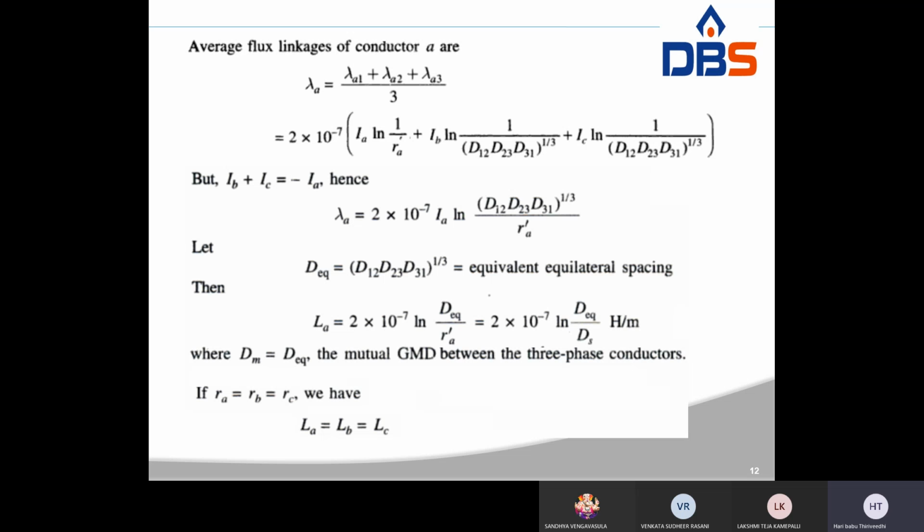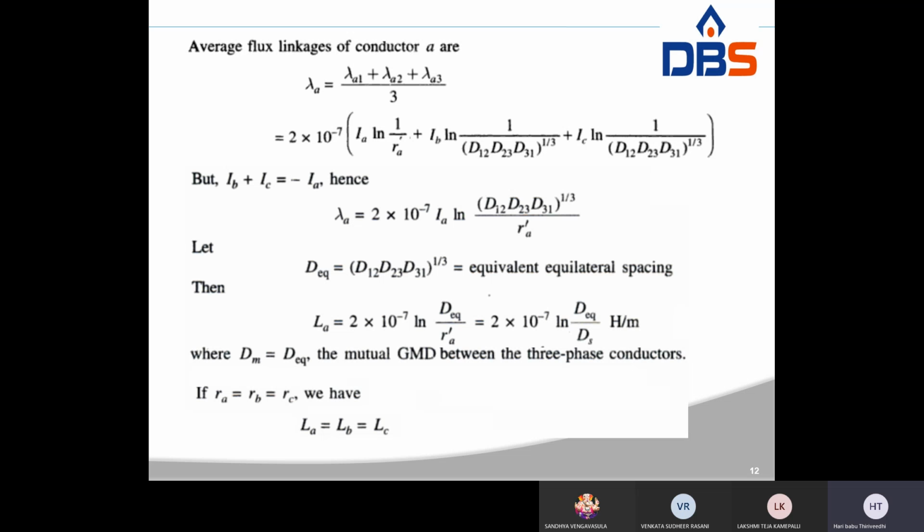Now taking the average values: lambda A equals lambda A1 plus lambda A2 plus lambda A3, divided by 3. Right? So substitute the values and we get the following. IA is common, 3IA by 3 cancels.